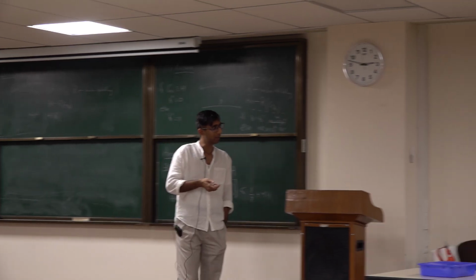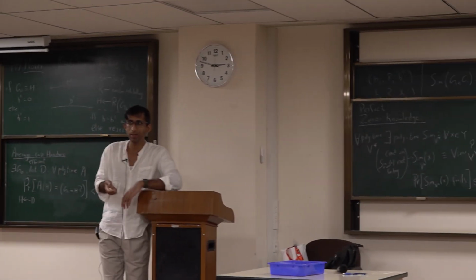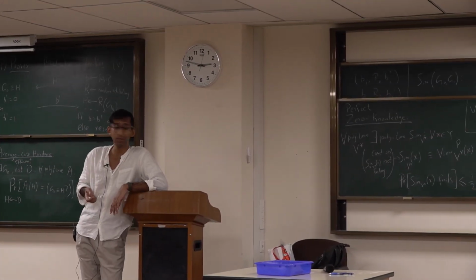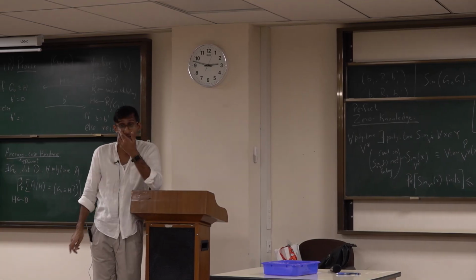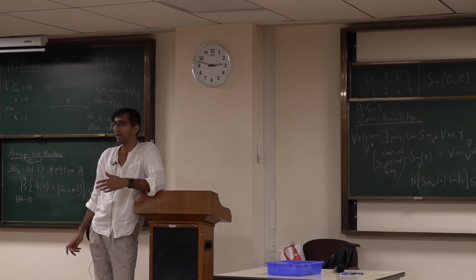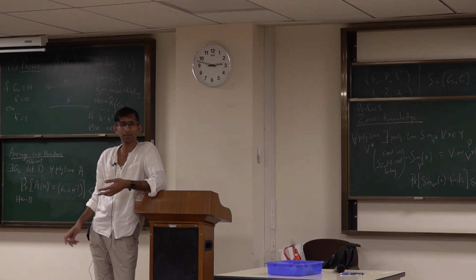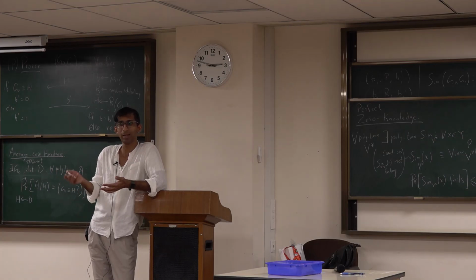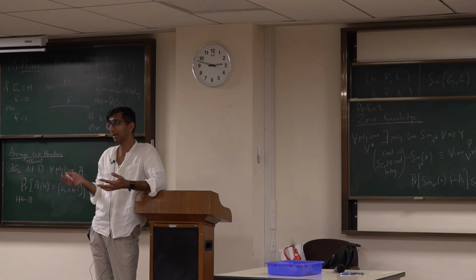The simulator, as we observed just now, can depend on the V star. All we want is for every V star there is some simulator algorithm. It can depend on the V star, but it's very hard to use this power, because the V star can be some algorithm, some program that is running. It's not clear how you can extract any meaning from that.